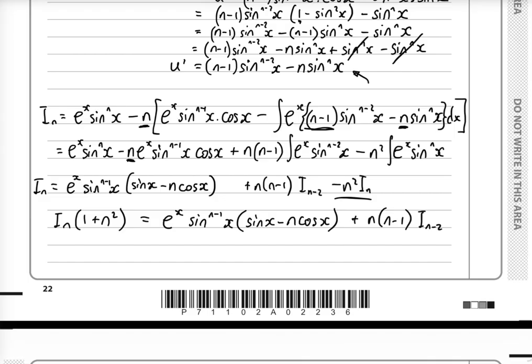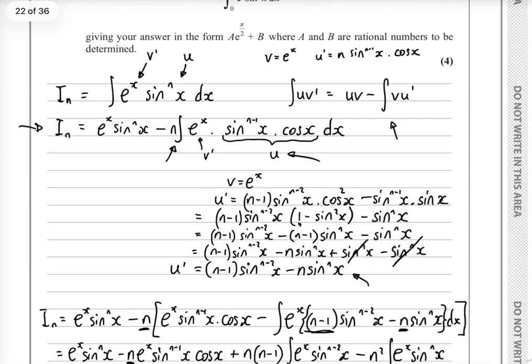Then divide everything through, and hopefully this matches what we needed. That's over 1 plus n squared, sine x minus n cos x, plus n minus 1 over 1 plus n squared I n minus 2.